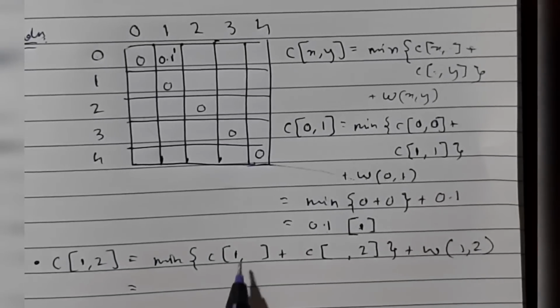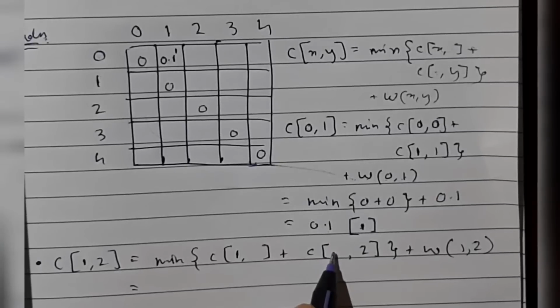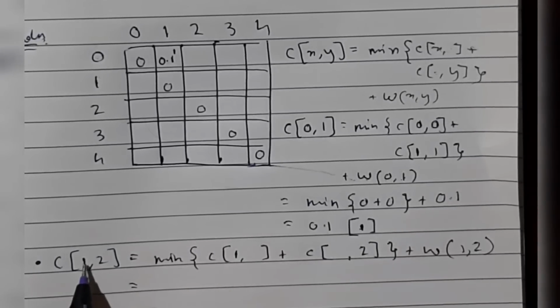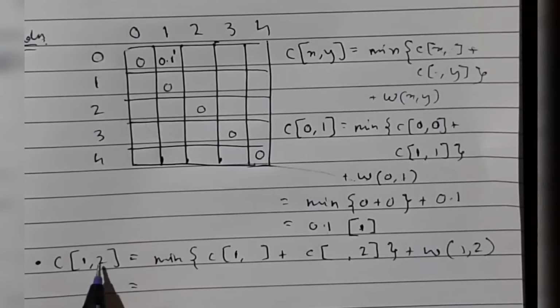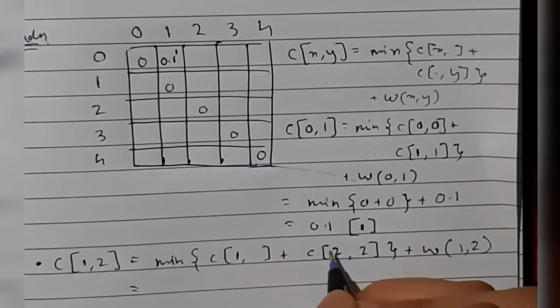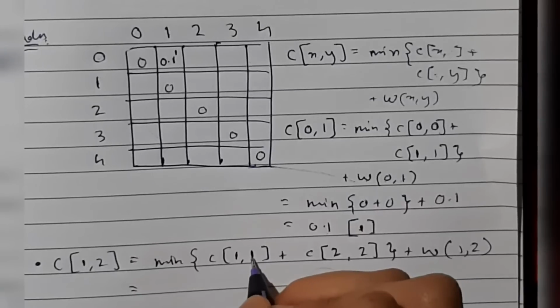Now in this place we can fill only one digit. Why? Because we have two keys, 1 and 2. From 1 to 2 we have two numbers, but we ignore the first number, so we'll be remaining with 2 only. We'll be filling here with 2, and 2 minus 1 is 1. We'll be writing here 1.